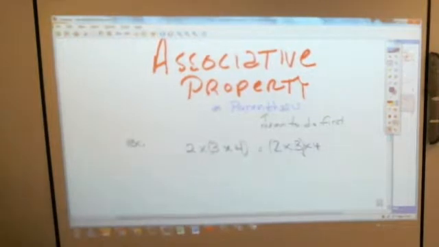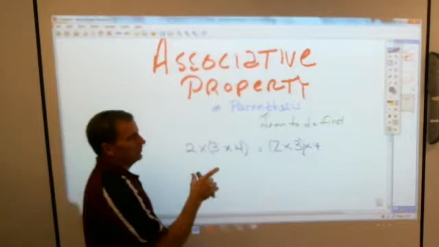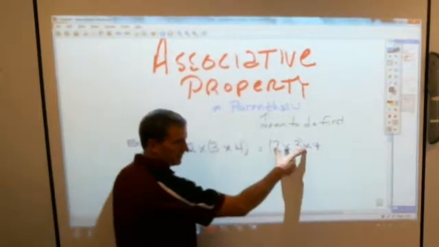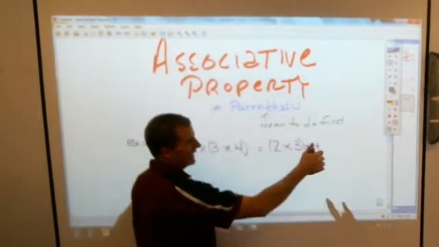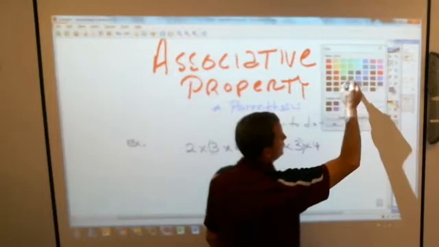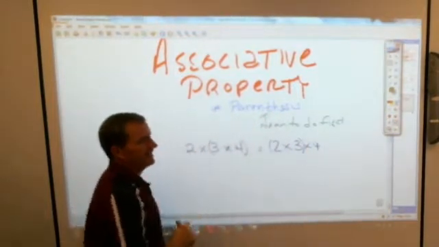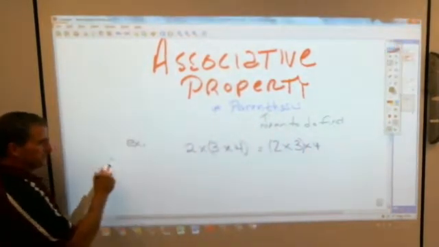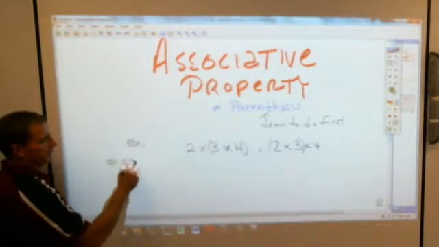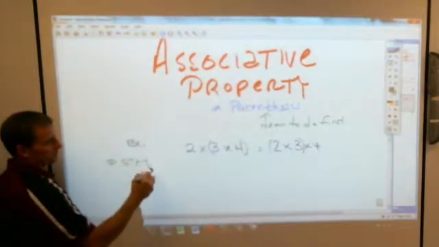In order for something to be the associative property, listen carefully. Notice there are parentheses. You have to have those first of all. Secondly, you will notice that the numbers stay in the same order.